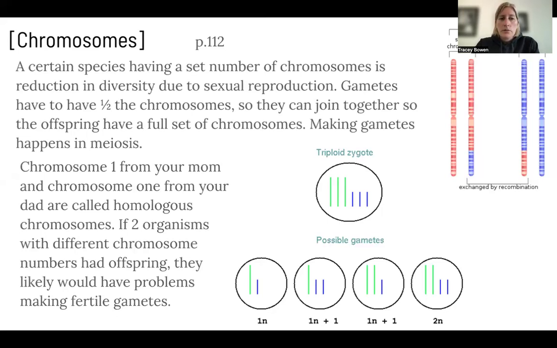If two organisms with different chromosome numbers had offspring, they would likely have problems making fertile gametes because you would end up with a gamete that has 3 chromosomes as opposed to just 2, so that you have a duplicate of 1. This is actually what happens for humans who have Down syndrome.